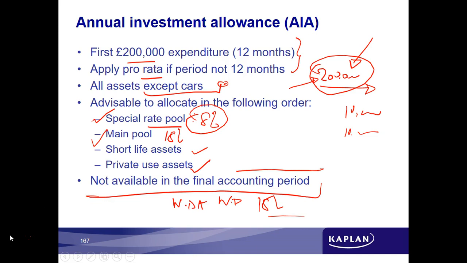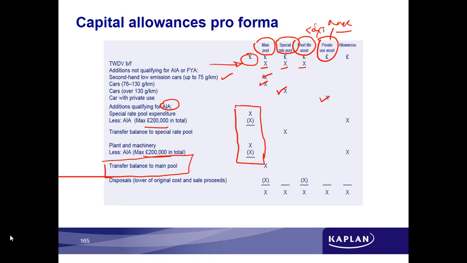Right. So going back now to this here, let's just say you bought a machine worth 500,000. What they're saying is, 200,000 of that can be used towards your annual investment allowance, and you put that there.